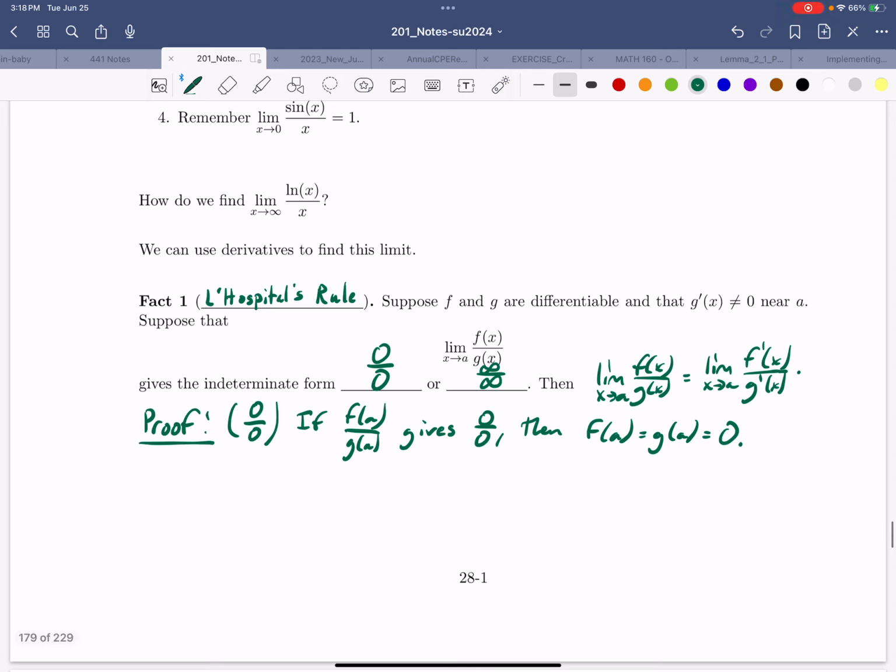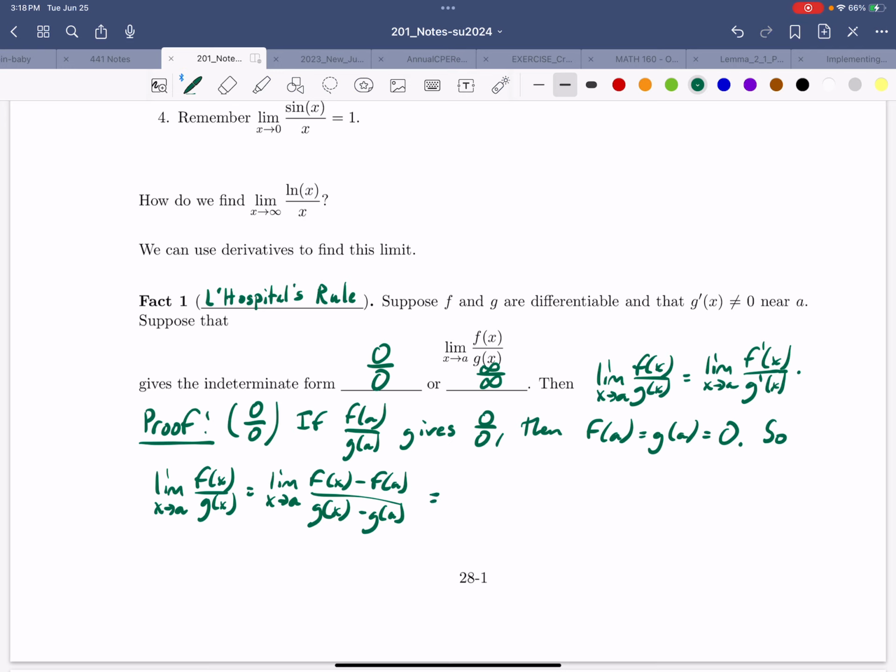So anyway, what does this give us? This means that the limit as x approaches a of f of x over g of x equals, well, since f of a and g of a equal 0, we can do one of the oldest tricks in the book and just subtract 0. See how I'm subtracting 0 from the top and the bottom? Because these are 0, we're not subtracting anything, we're not adding anything.